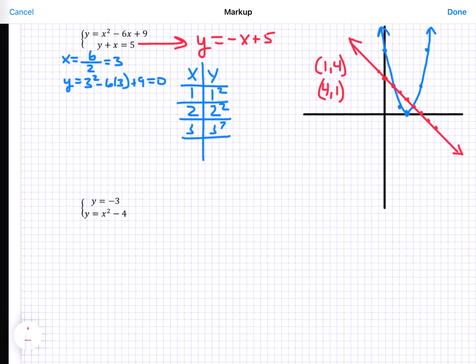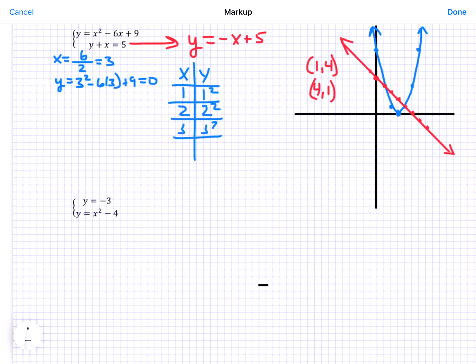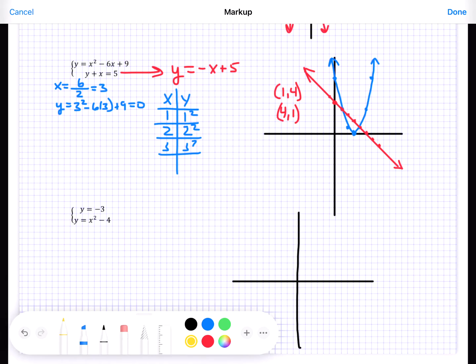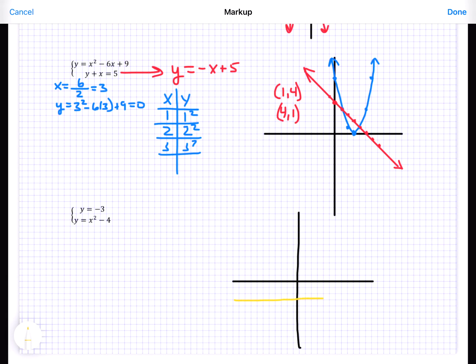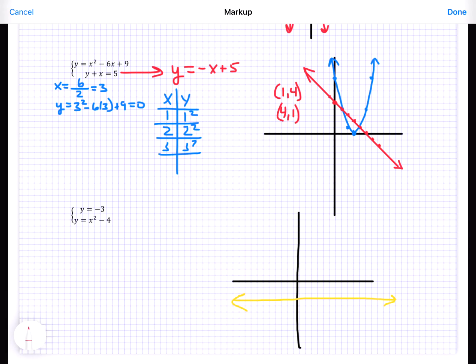All right, this last one is another one that's, once again, fairly simple, just once you see it. So we have y equals negative 3. That's easy to graph. Negative 3 is just this line right here, straight across. And then x squared minus 4 means when I find the x value, it's opposite of b, which is 0, over 2.